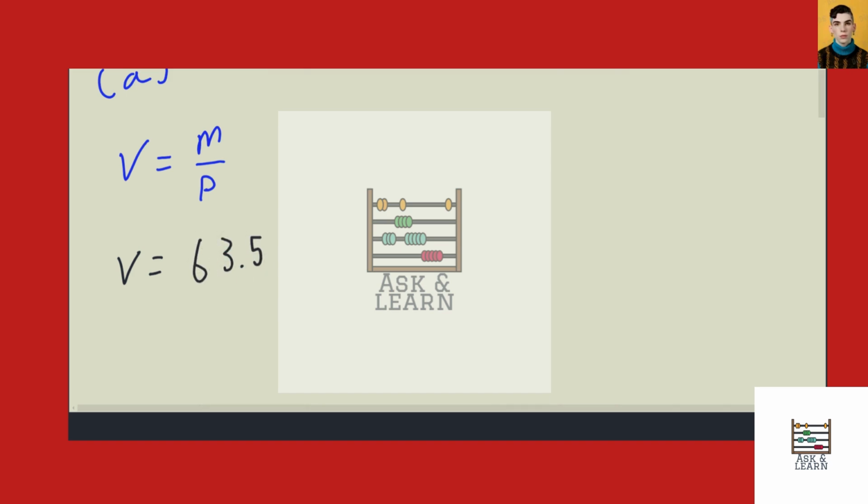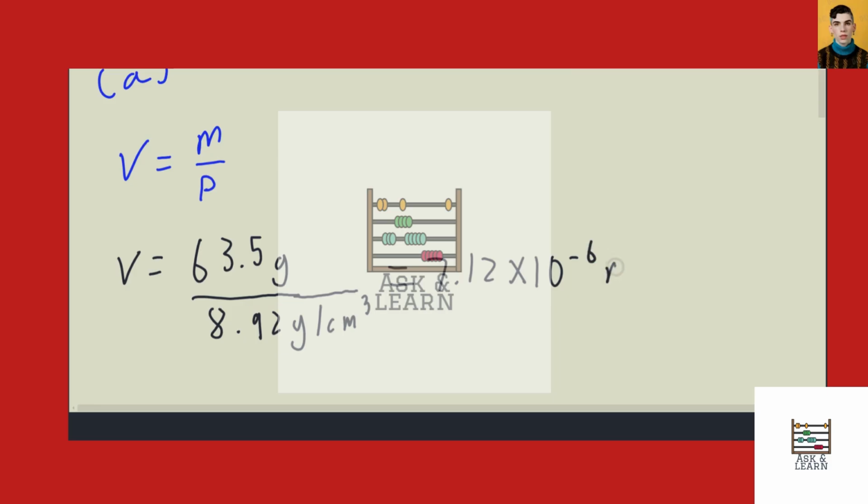From the periodic table, we can write this as 63.5 grams divided by 8.92 grams per centimeter cubed. And so this is equal to 7.12 times 10 to the negative 6 meters cubed.